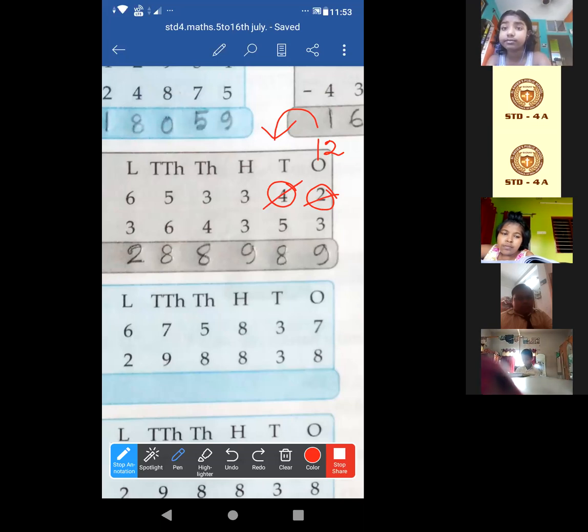So this 4 will not remain 4. As we have borrowed 1 from this 4, how many will be there? Remaining 3. Yes, we have already borrowed 1 from this 4. Already 1 has gone there now, so 1 less will be there. It will become 3.